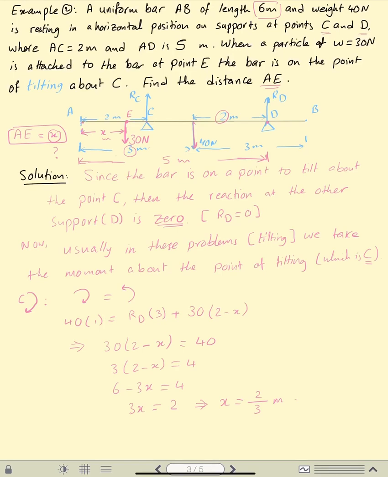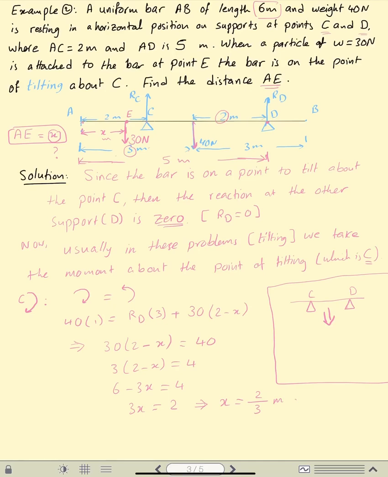I wrote this to you, yes, but what do you mean by tilting? I'll show you here. Before I do the question, when you see tilting, we have two supports. This is 1, this is C, this is D, dear students. This is the meaning of tilting. Tilting means going oblique.